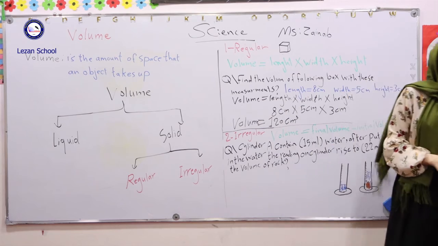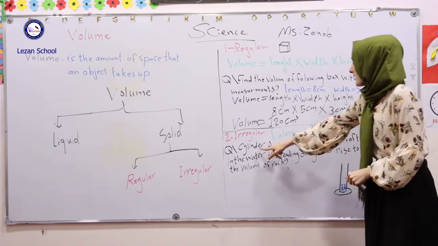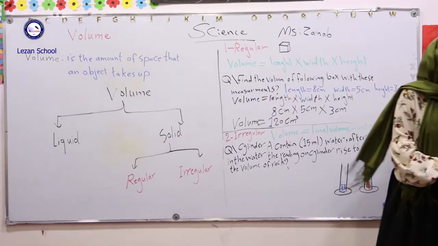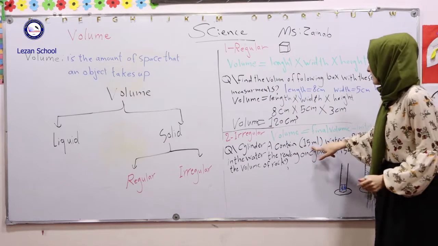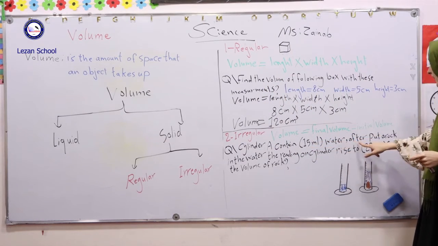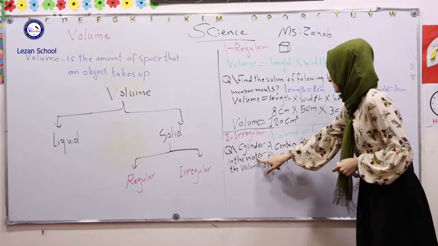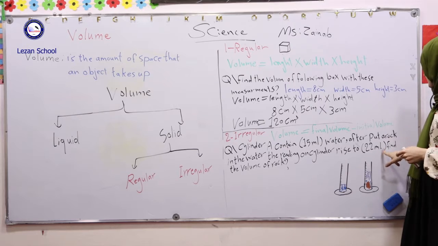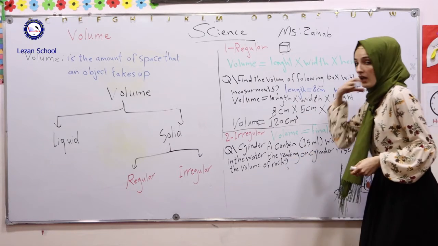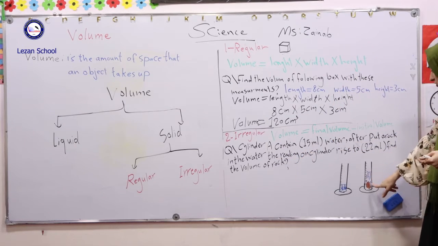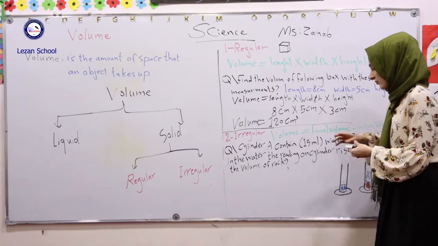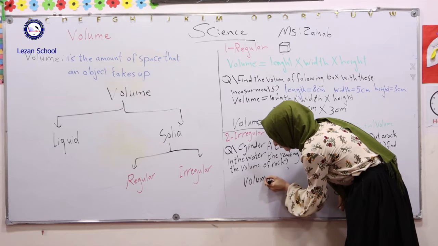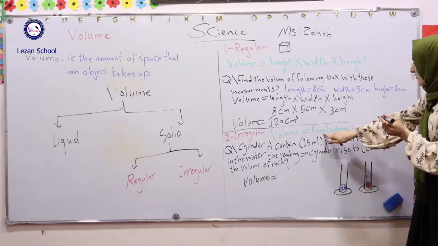For example, in this question, this is cylinder A, and we have 15 milliliters of water. After putting a rock in the water, the reading on the cylinder raised to 22 milliliters. Find the volume of the rock. How can we find the volume of this rock? By using this formula: volume is equal to final volume.